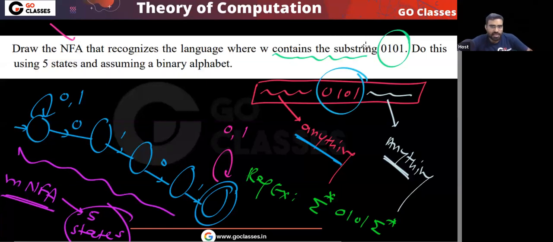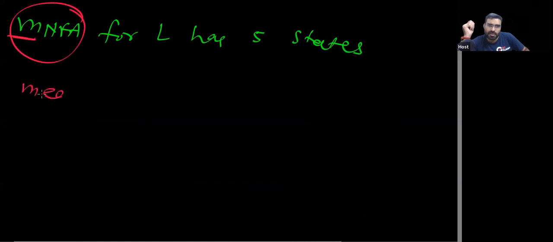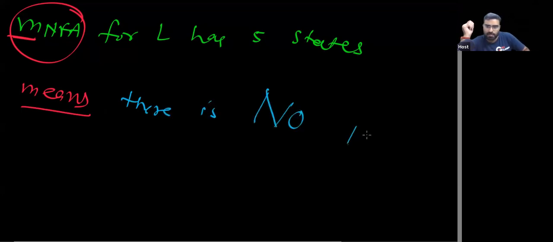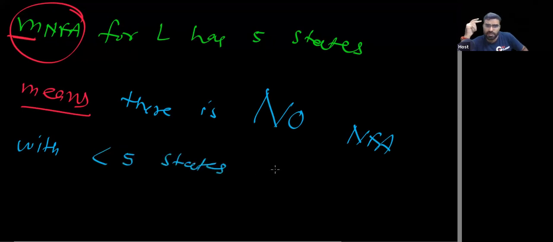Is this point clear? Please tell me. So minimal NFA for L has 5 states, which means there is no NFA with less than 5 states for L. This is the meaning: at minimum, these many states we need.